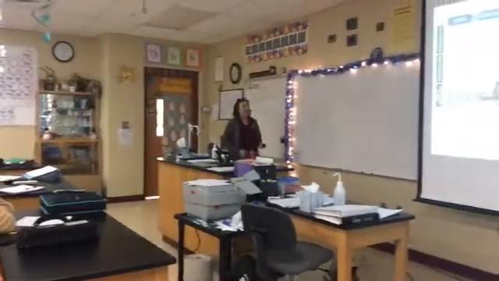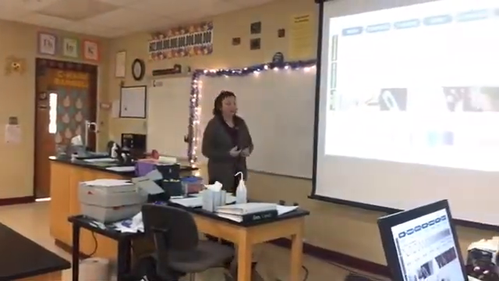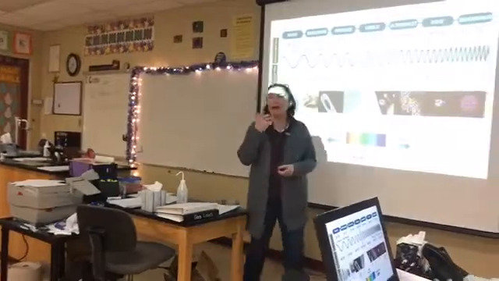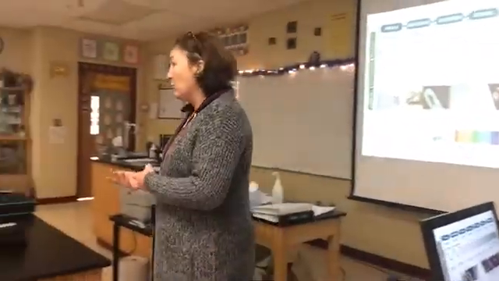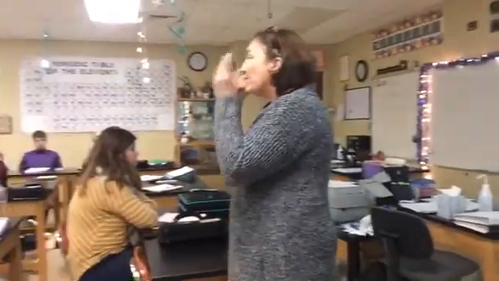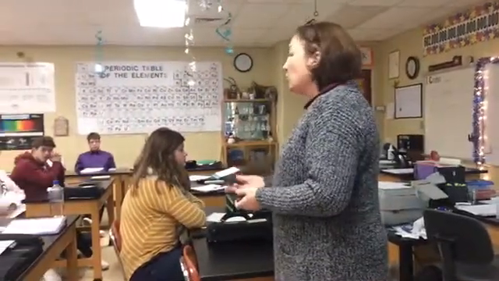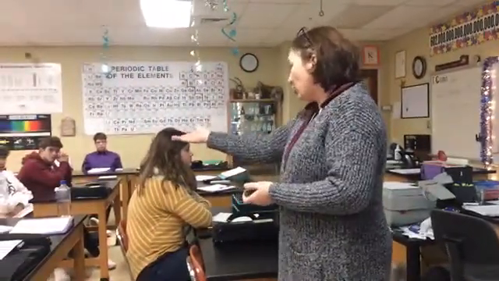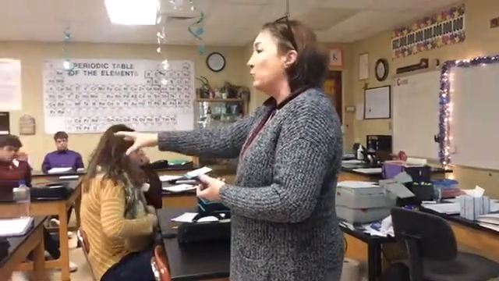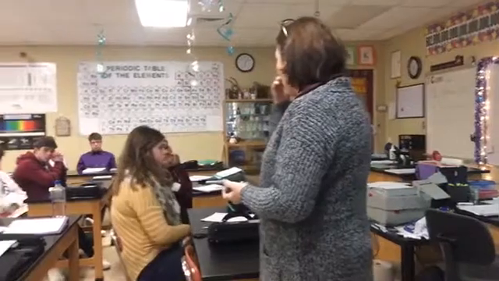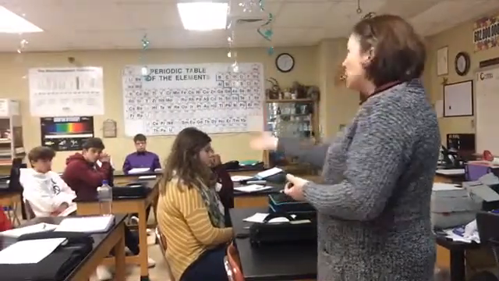But anyway, so visible light is small enough it can get into our eye and we can see it. What we really see is the reflection of the waves. If something doesn't reflect, we can't see it. So when I look at your red shirt, all the other wavelengths are being absorbed, and only red is bouncing back to my eye, and that's why I see red.